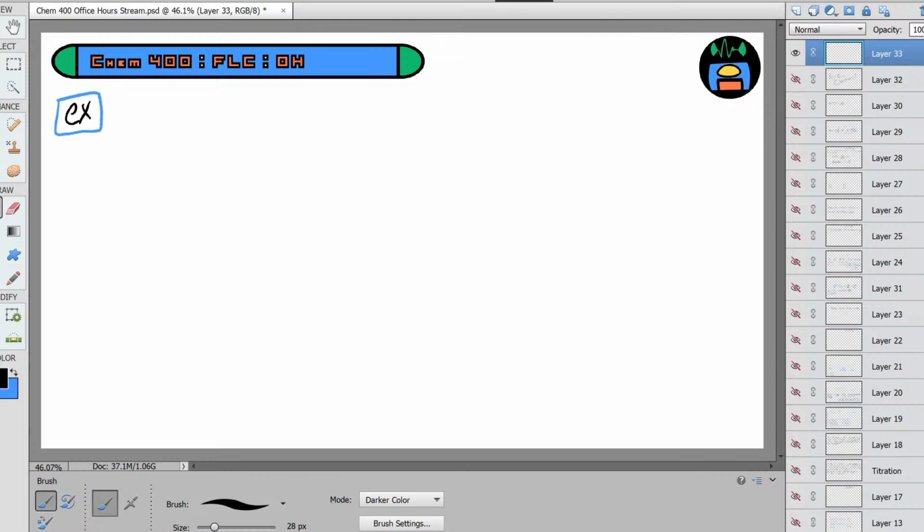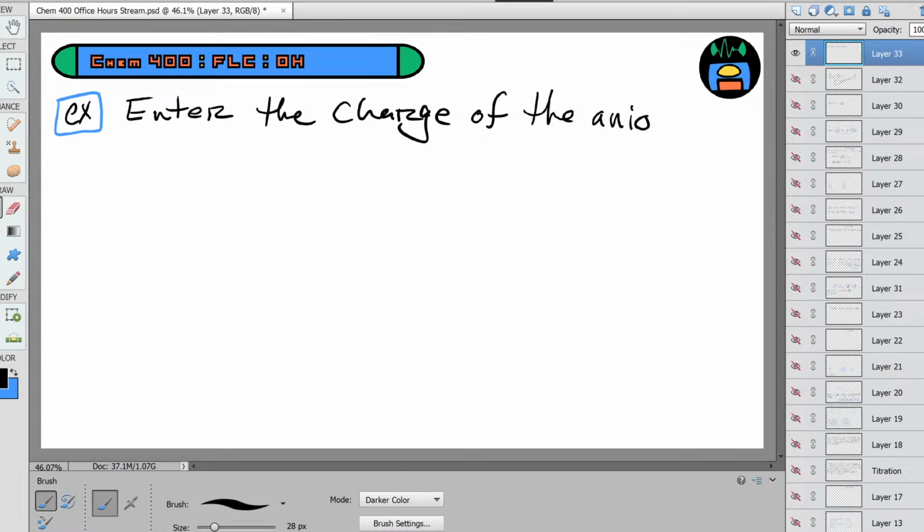But let's say I asked you to enter the charge of the anion in sodium sulfate, and then there's a box to put that charge in. You have to hit enter.